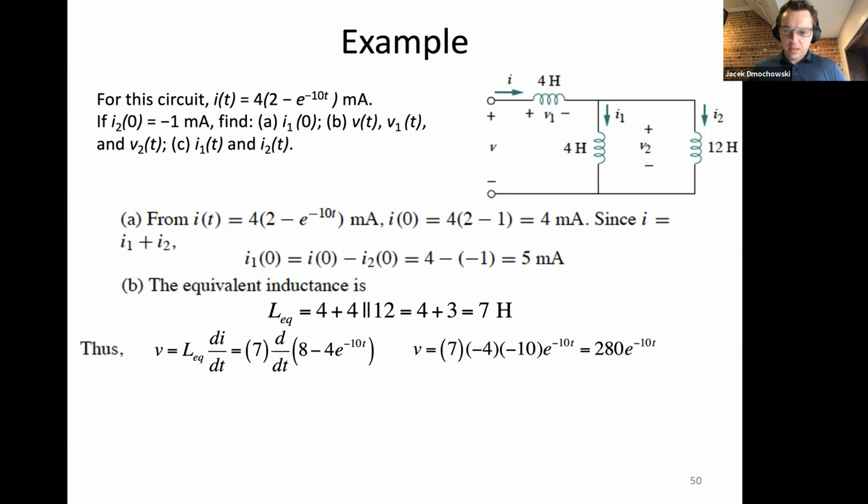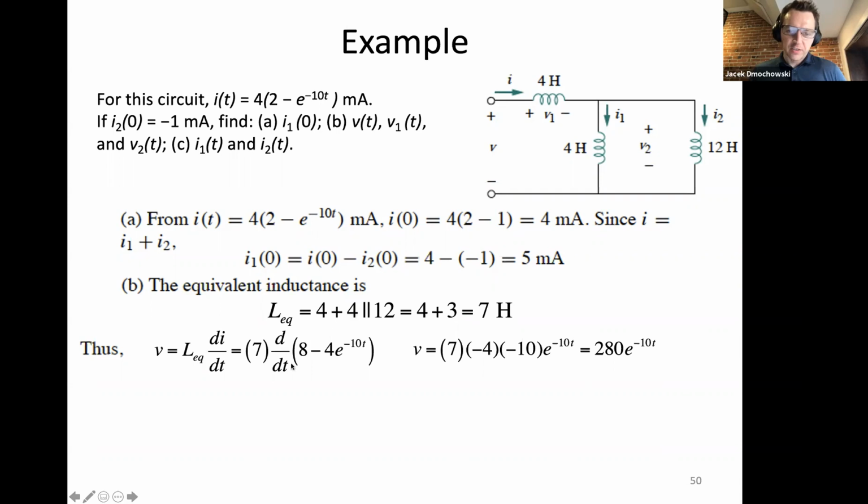Yeah, that looks right. 7 times 40 to the minus, that's correct. There's a minus sign, no, the minus sign cancels out actually. There's 2 minus signs, right? So 7 times the derivative of this, which is 8 minus 4e to the minus t. And then we apply the chain rule, right?